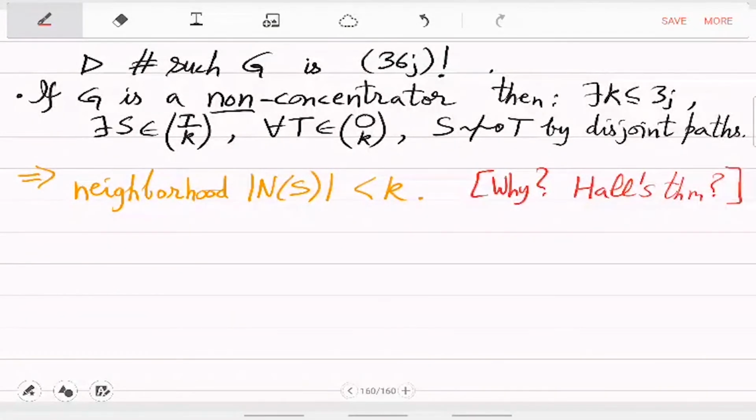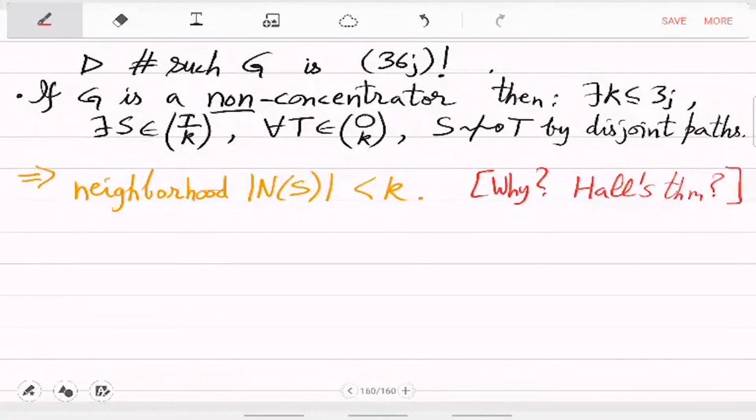Read about this; it is a theorem about bipartite graphs especially. It basically says that if for all S the neighborhood was at least k in size, then there would have been a matching, and the above thing would not have happened.